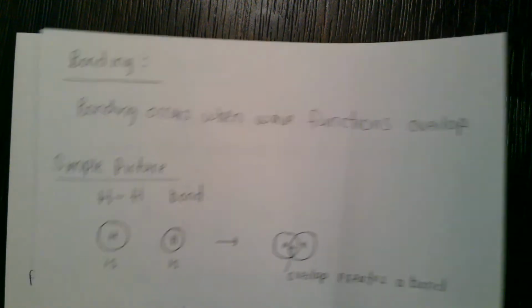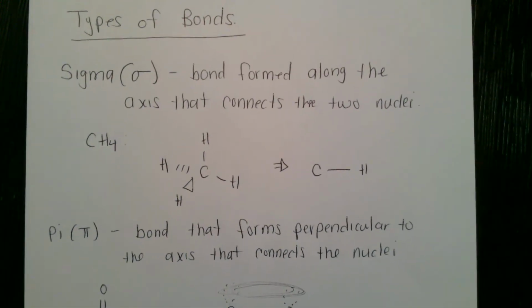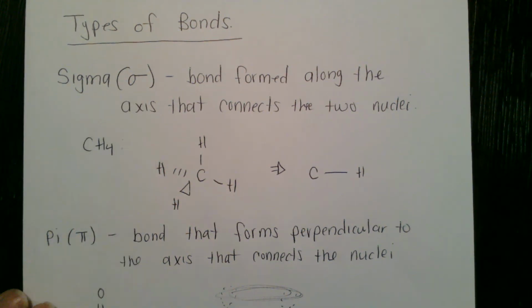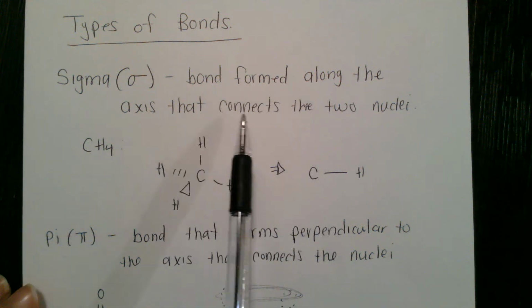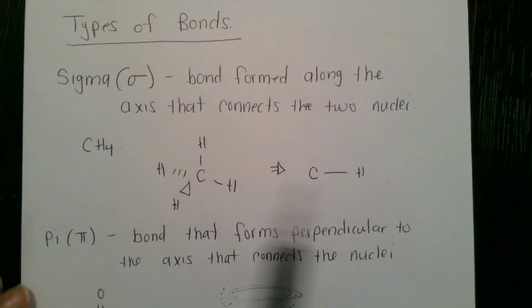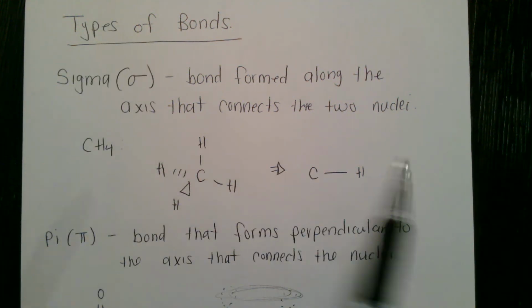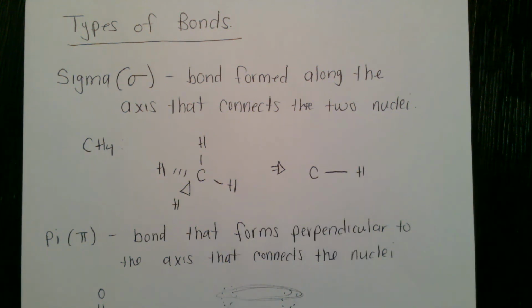Okay, so next, there are two types of bonds that can form. The first one is called a sigma bond. A sigma bond forms along the axis that connects the two nuclei together. So for example, I made CH4 right here. A bond that essentially connects the two atoms, like if you could attach the nuclei of one to the other, that is a sigma bond.